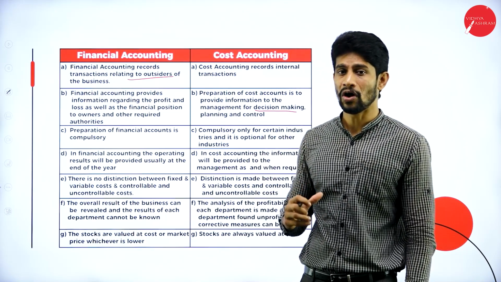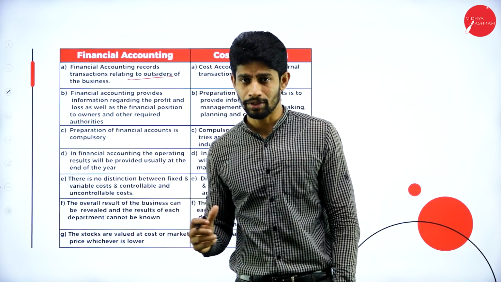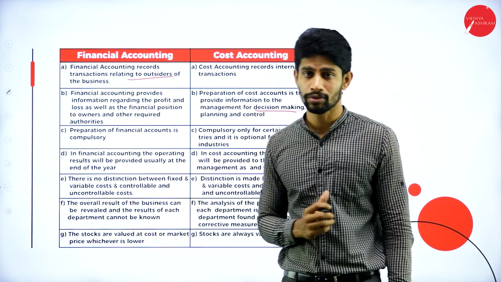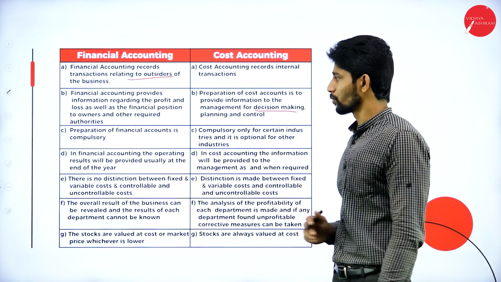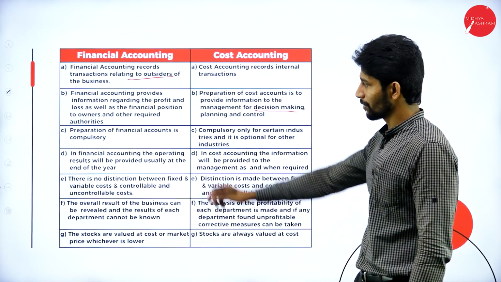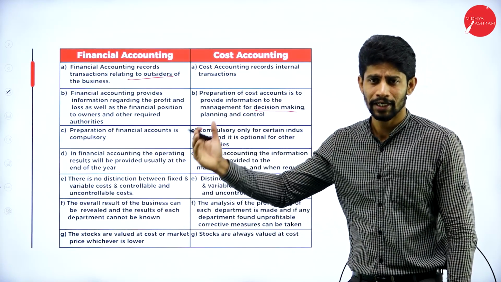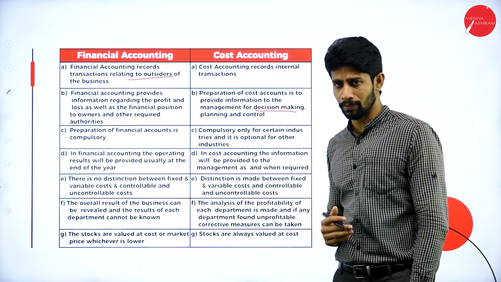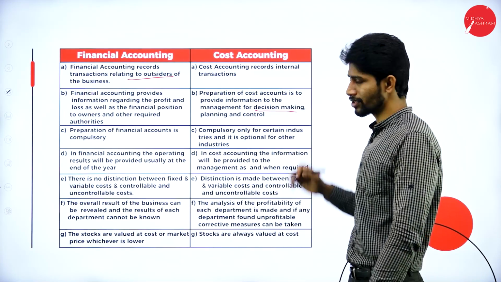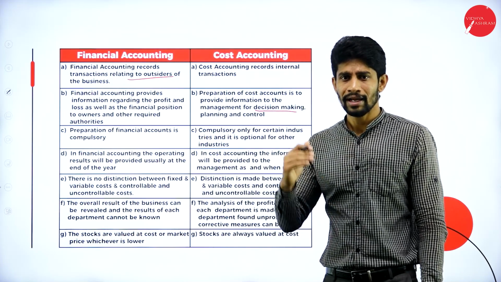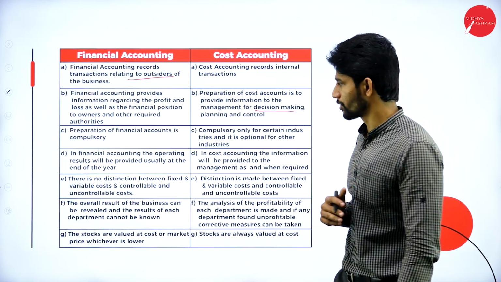It is all about giving the cost information to the management to take decisions. In financial accounting, the information relates to the public and is displayed to the public about the company. In cost accounting, the information is given to the management to take decisions.